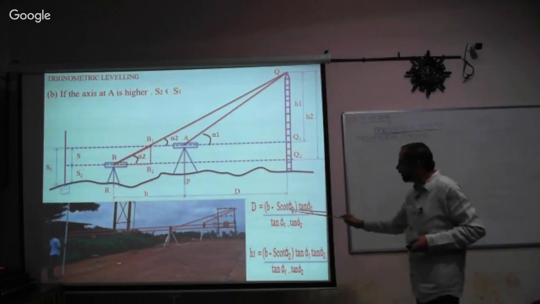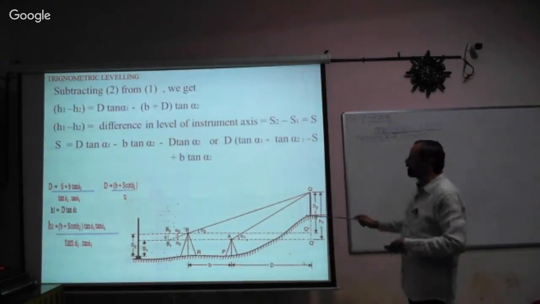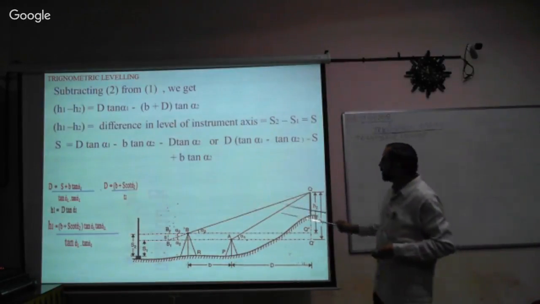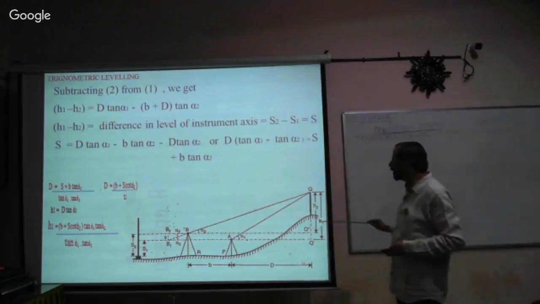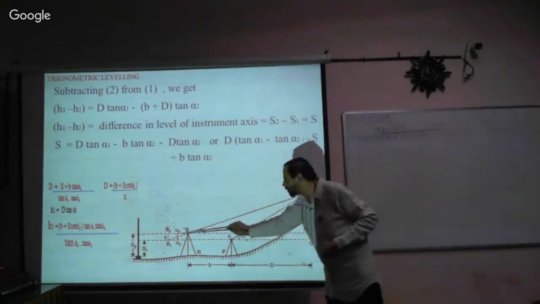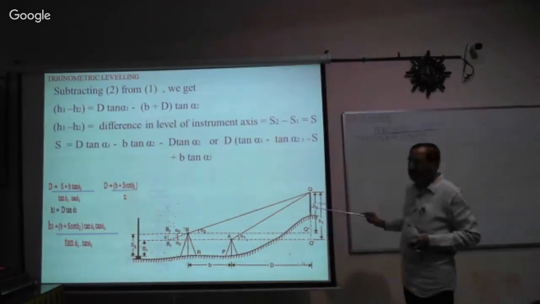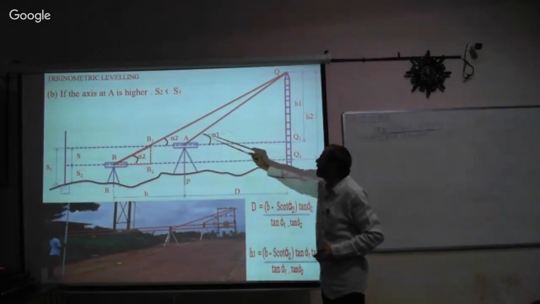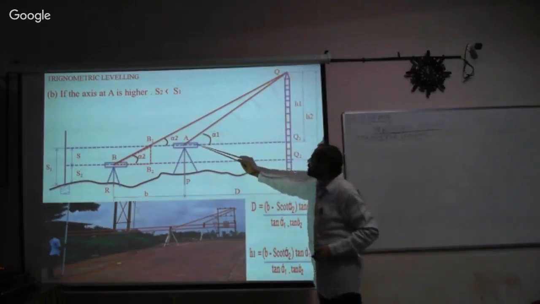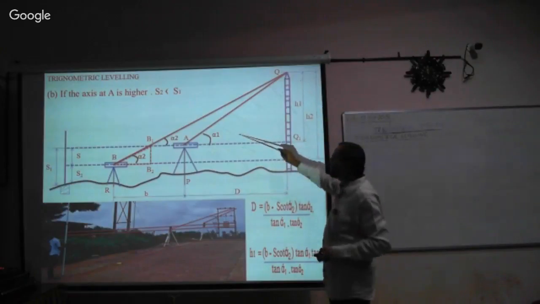So we can understand this from this equation. First consider this triangle, calculate H1. Then consider this triangle after modification. In the next case also, calculate H1 by considering H1 is equal to D tan alpha 1.